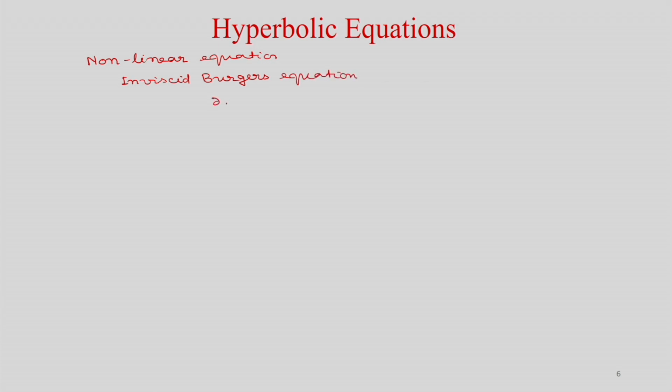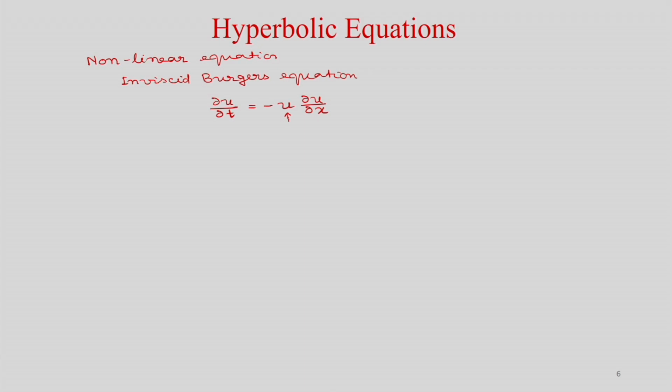So, we can represent it as del u by del t is equal to minus u del u by del x. So, you can see this is your wave speed and at different instances this velocity or wave speed is changing. Okay. Because from this equation you will find it and that will be used here. So, it is nonlinear in nature.